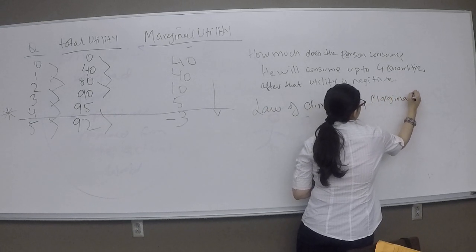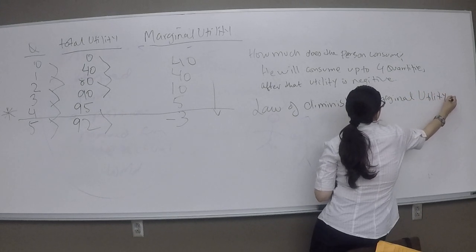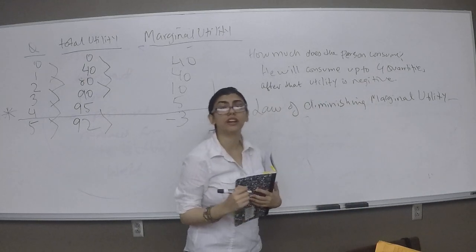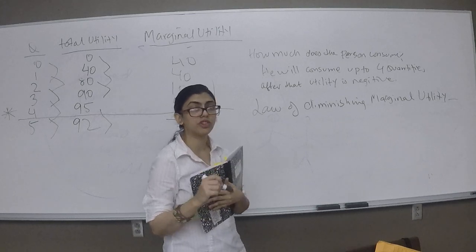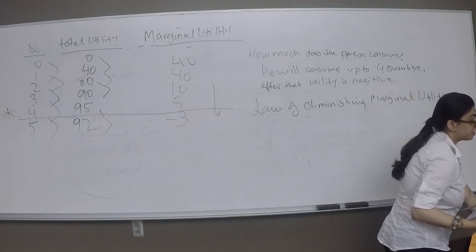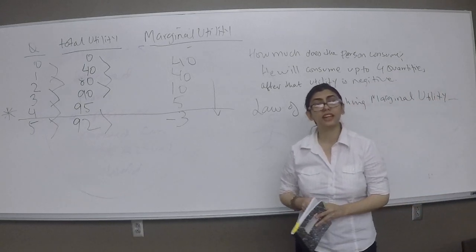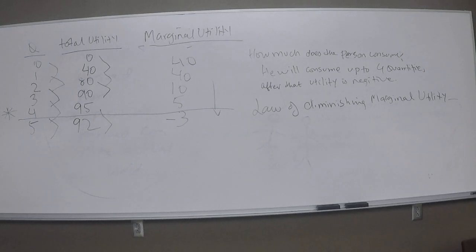Again, utility means satisfaction, a measure of satisfaction. The law of diminishing marginal utility states that as you consume more of something, the satisfaction you get from it will continue to decline. And eventually it will actually become negative.